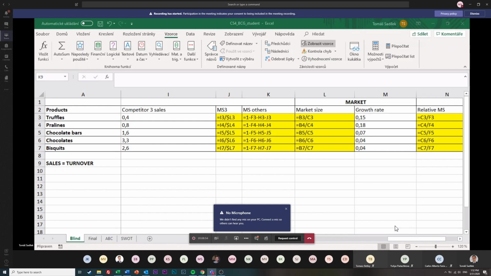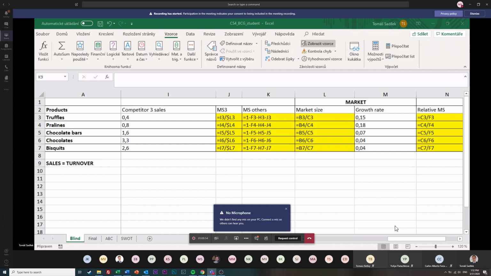Okay, so if you've seen these figures, then the next step is the following. We should calculate the final BCG matrix. I prepared it in advance.